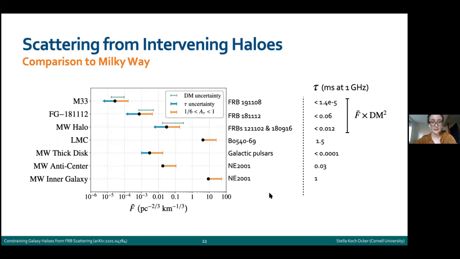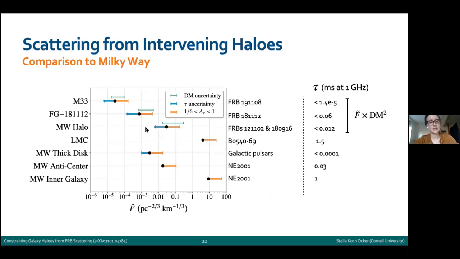So let's put this all together. This plot is showing you the fluctuation parameter for all of the objects that we consider. Up here, we have the upper limit for M33, the foreground halo of 181112, and the galactic halo.